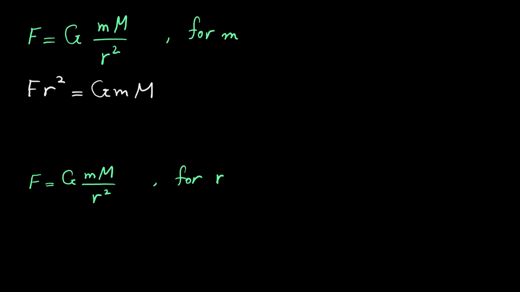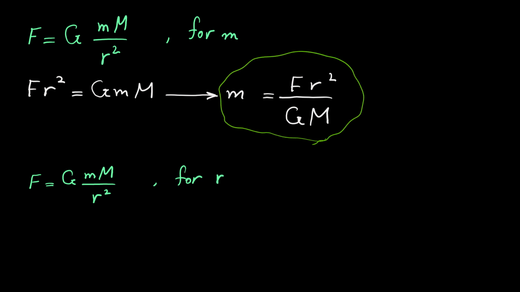GMM. Then it should be easy for you to find M. The M that we are looking for is FR to the 2 over GM. To find M from this equation, basically we divide the left side and the right side by GM.